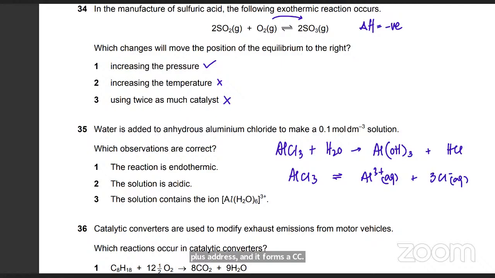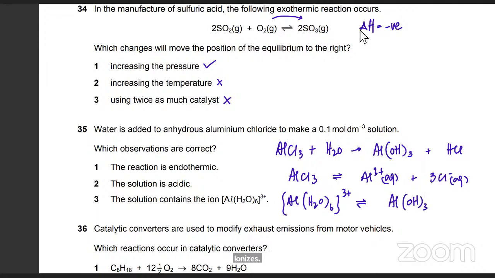And after that, what happens is that the aluminum forms a complex with water. It is surrounded by 6 water molecules, 3+, and it then ionizes and forms Al(OH)3, which is in the first one, right? It basically does the same thing.